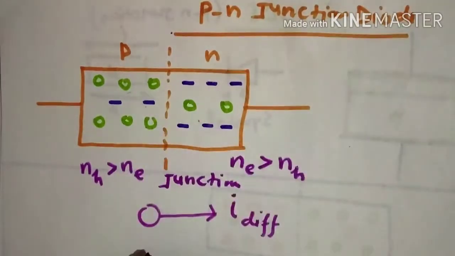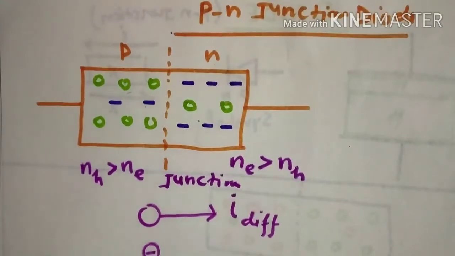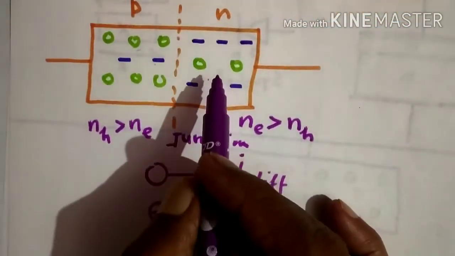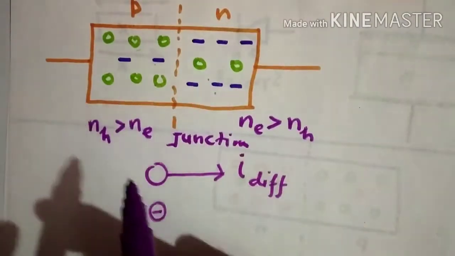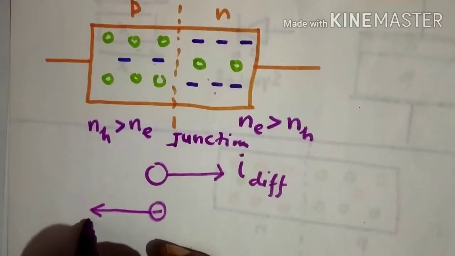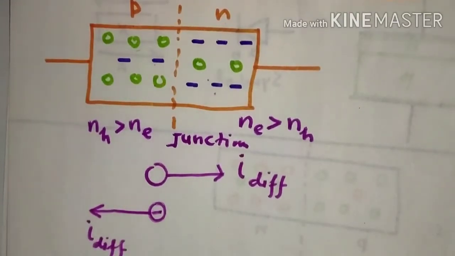Whereas the diffusion of electrons will take place from N region to P region, and so this will be the direction of current of electrons due to the diffusion, and I will call it diffusion current of electron.